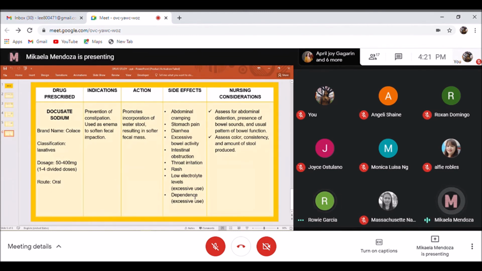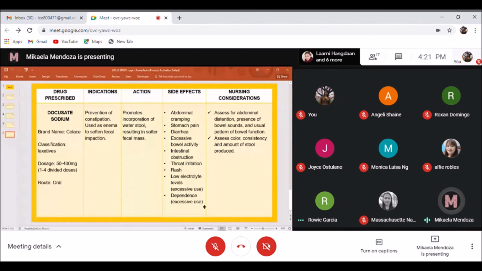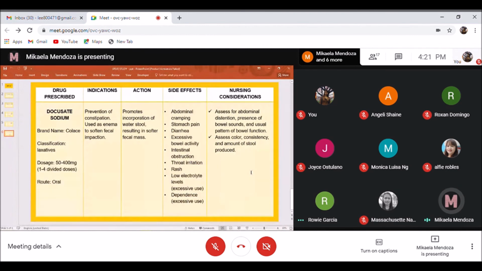Side effects are abdominal cramping, stomach pain, diarrhea, excessive bowel activity, intestinal obstruction, throat irritation, rash, low electrolyte levels, and dependence. Nursing considerations: you have to assess for abdominal distension, presence of bowel sounds, and usual pattern of bowel function. And we have to assess color, consistency, and amount of stool produced.